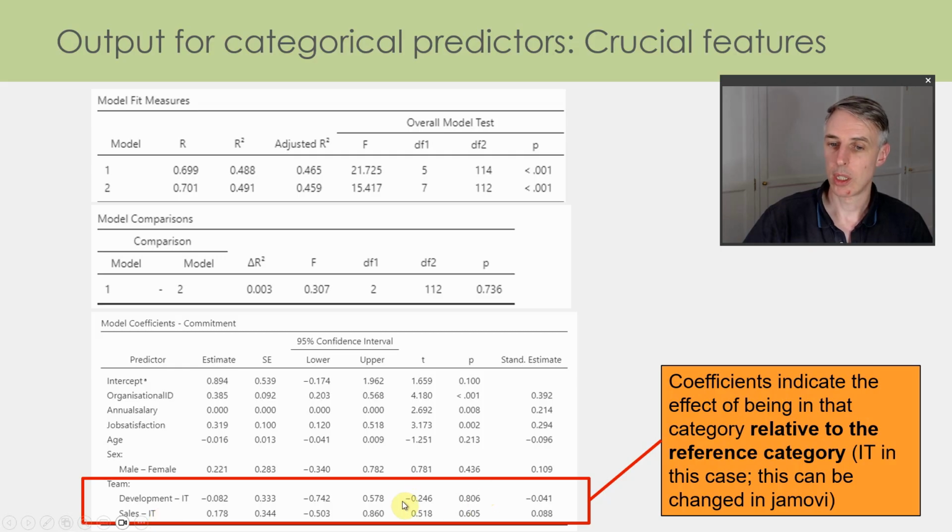However, those effects are nowhere near significantly different from 0. So they shouldn't be interpreted as representing a real effect. So that's just to say that the interpretation of the coefficients in terms of their sign, positive or negative, is similar to as it is for other predictors.